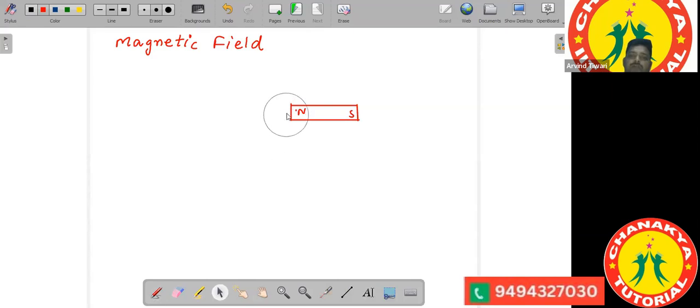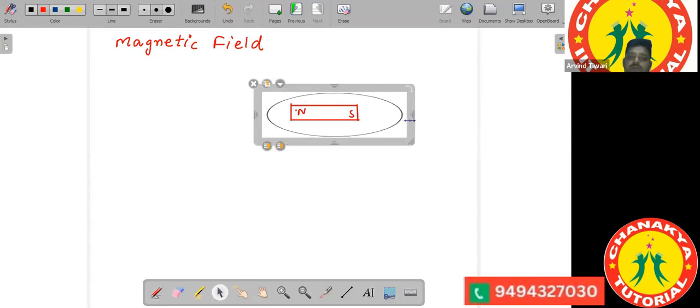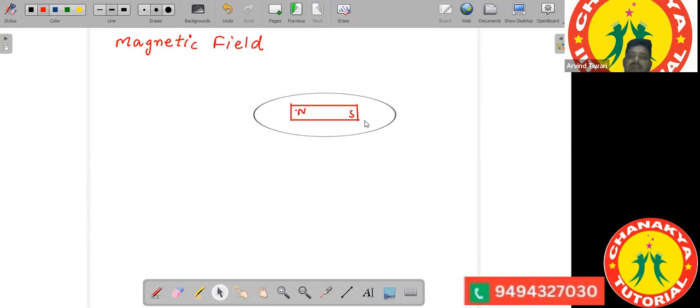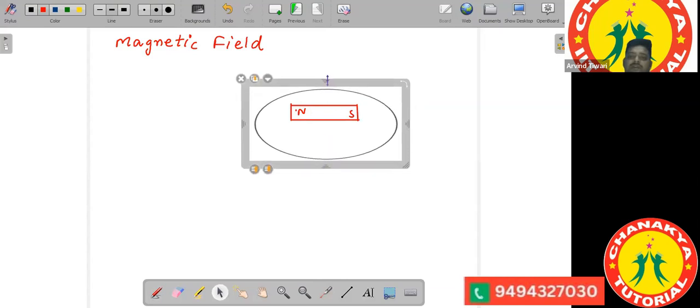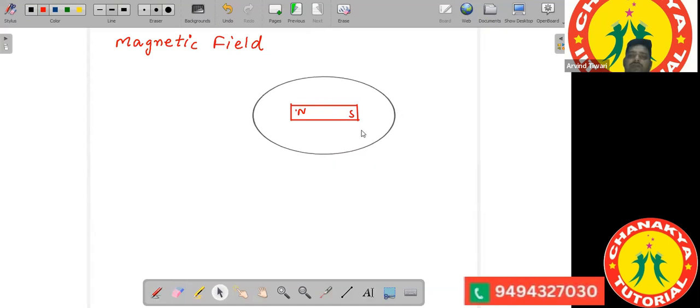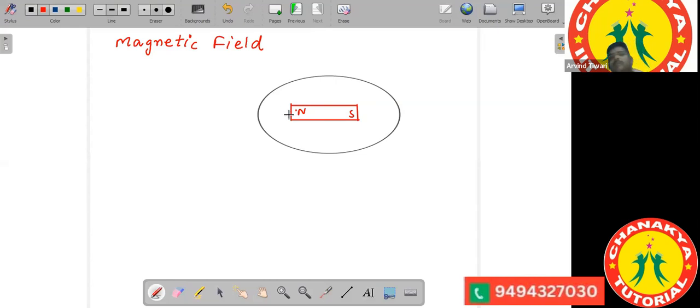So it was supposed that the magnet has created some space around it, some field around it. If you place any iron object in this field, in this area, it is going to attract them. Now the space around this magnet was called magnetic field.